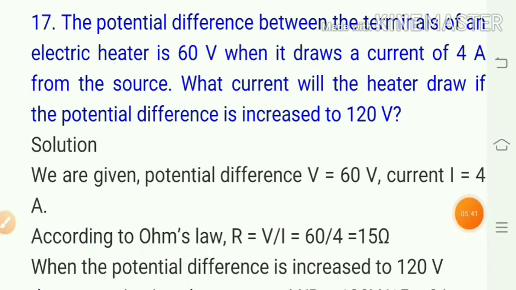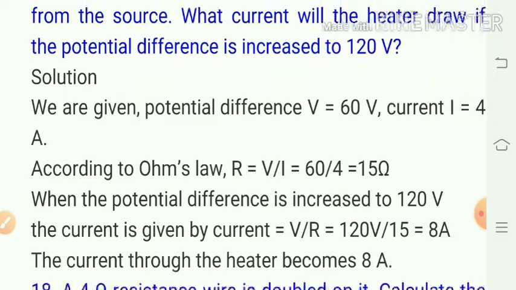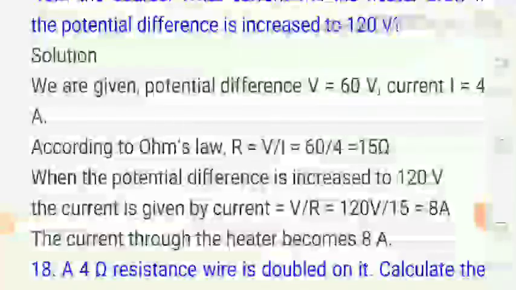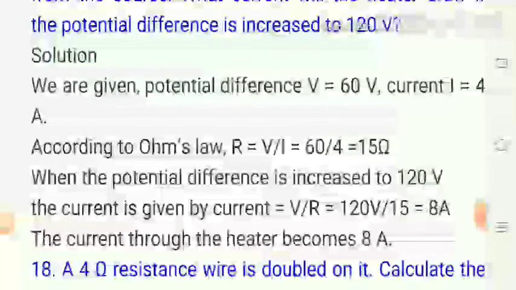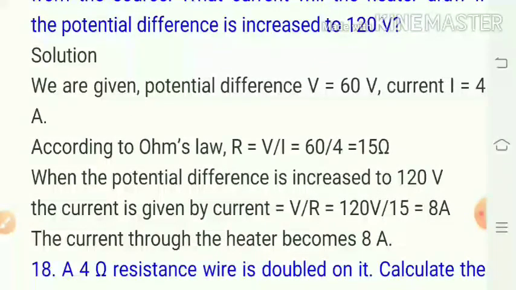The next question: the potential difference between the terminals of an electric heater is 60 volt when it draws a current of 4 ampere from the source. What current will the heater draw if the potential difference is increased to 120 volt? Given values: potential difference V is 60 volt, current I is 4 ampere.